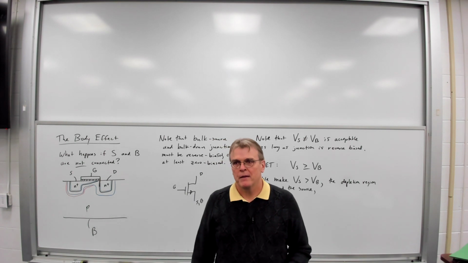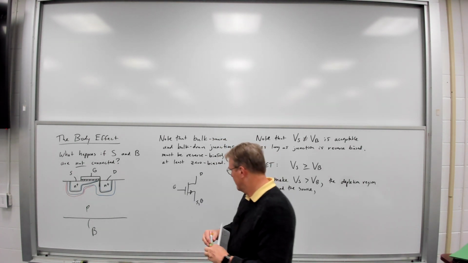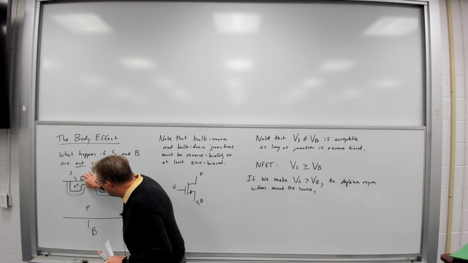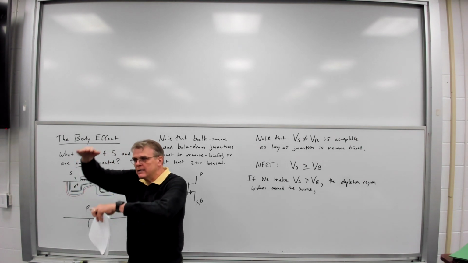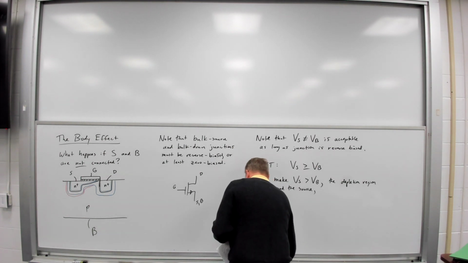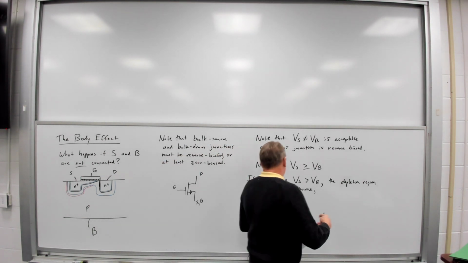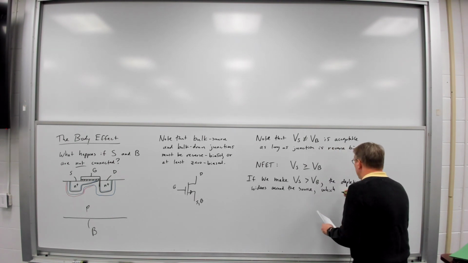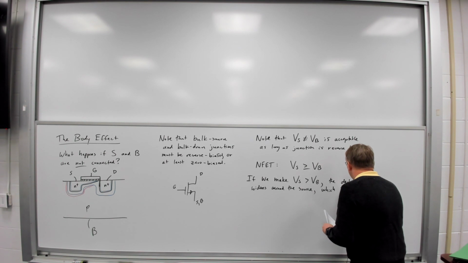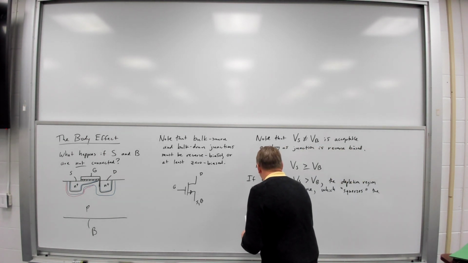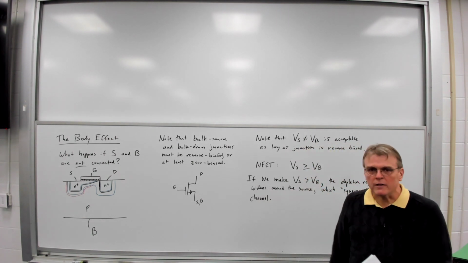So that depletion region is going to increase in width. As we widen the depletion region, the channel gets squeezed. It gets compressed near the source end.